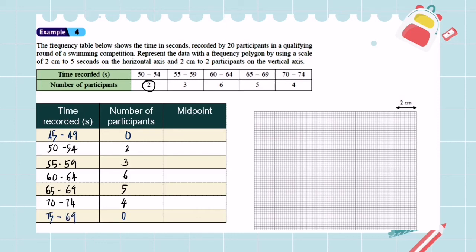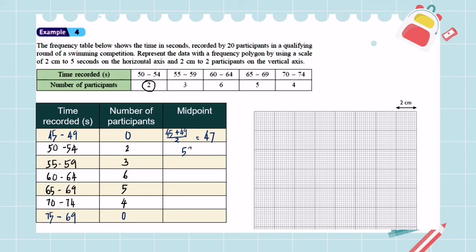Okay, again, you find the midpoint. Still remember how to find the midpoint? The lower limit plus upper limit divided by 2. So you will obtain here 47.